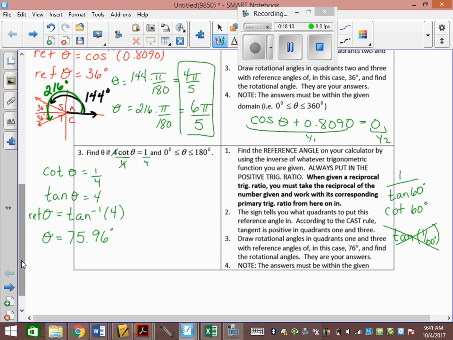How do I figure out where that occurs? It's where tan is positive. Where is tan positive? 1 and 3, but the bottom ones are out because the domain's just between 0 and 180. So we could get an answer down here, but it's outside of my domain.